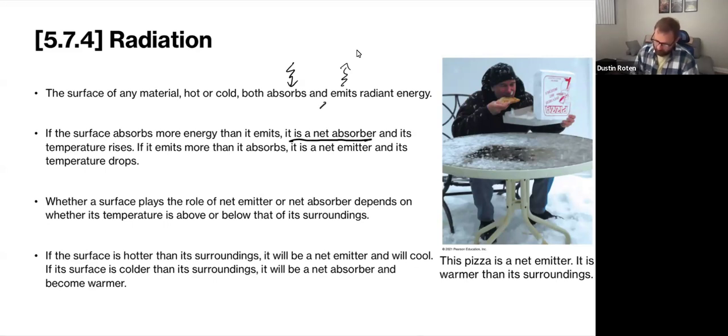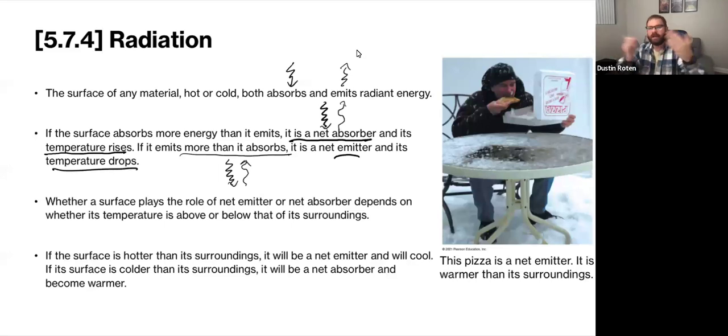So more energy coming in than it emits. Now, what that means, if it's taking in more energy than releasing, its temperature is going to rise. On the other hand, if it emits more than it absorbs, so lots coming out, just a little bit going in, then it's a net emitter, and the temperature drops.